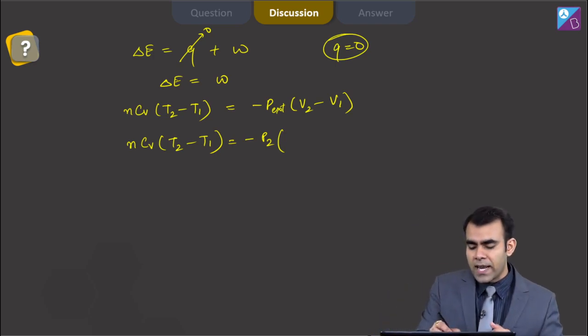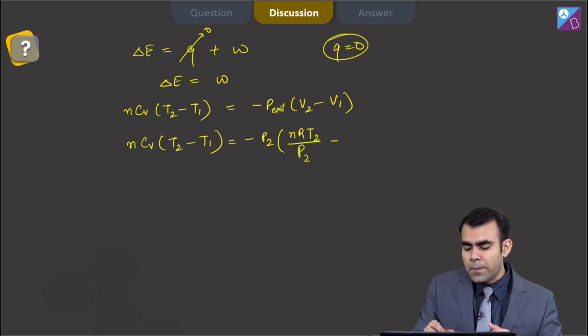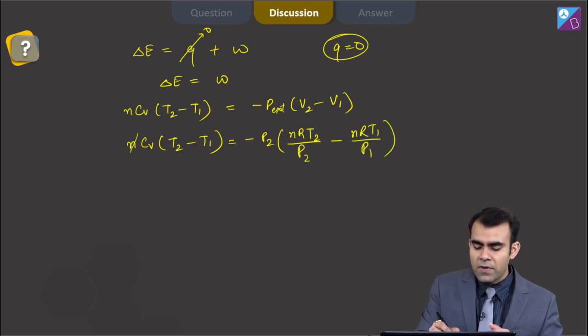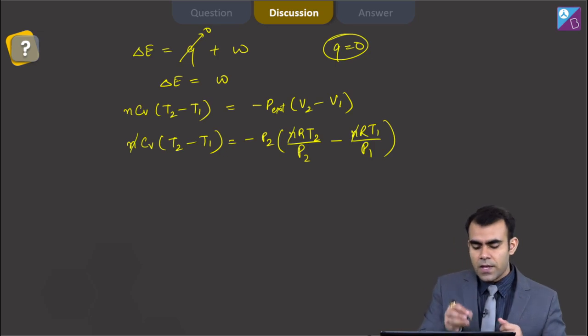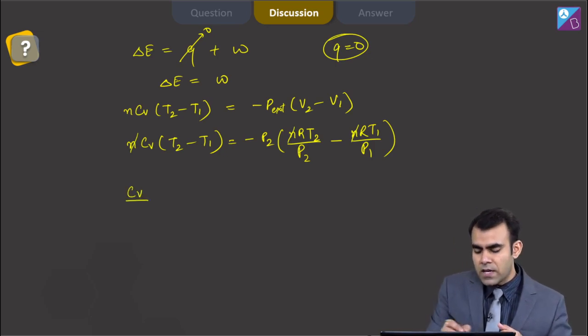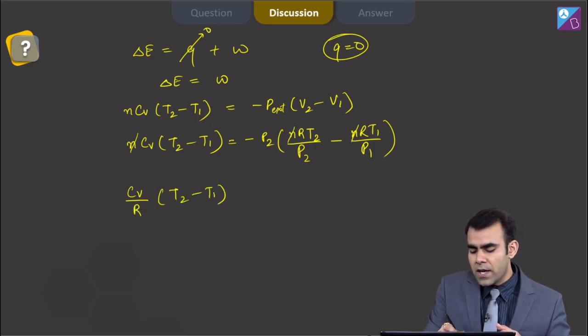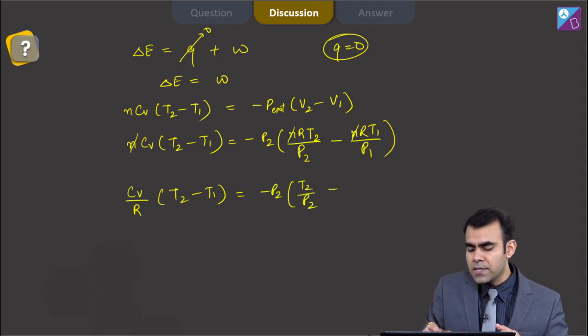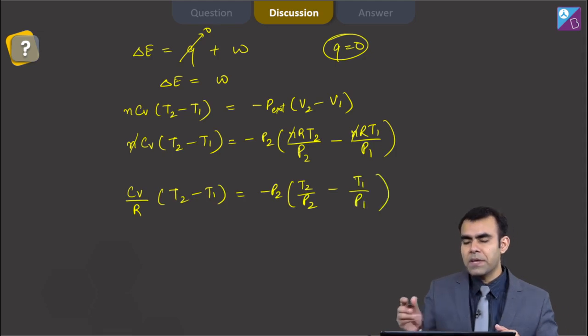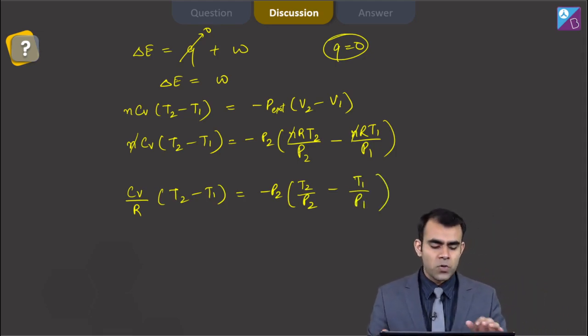V2 minus V1 can be written as nR T2 by P2 minus nR T1 by P1. Now n gets cancelled out. If I take R as common and divide it, we get Cv by R (T2 minus T1) equals minus P2 (T2 by P2 minus T1 by P1). Now let's put in the values.